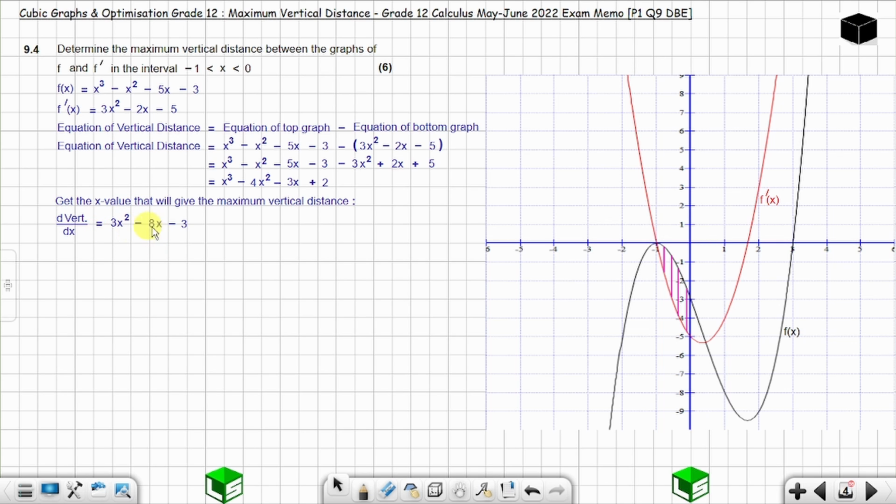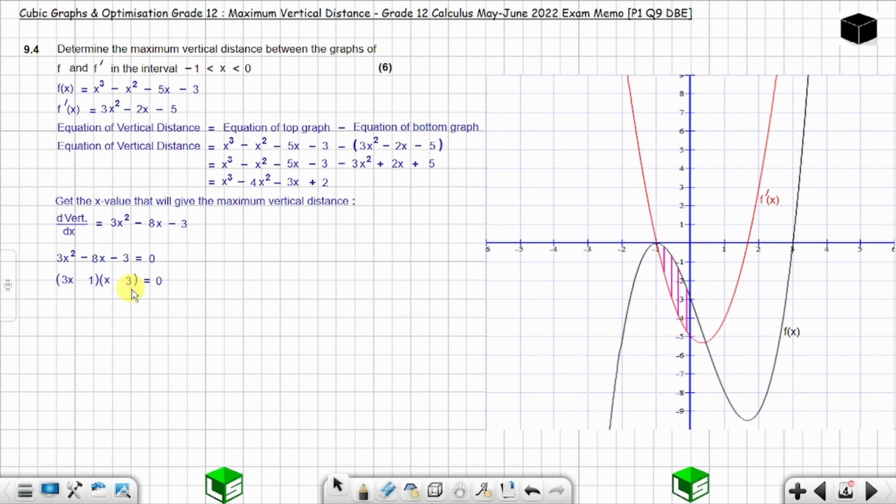So let's get the x value. You equate this to 0 and solve for x. You are going to factorize this. You have 3x times x, and this is negative 3. You can put 1 there and 3 there. You need to have 3x times 3, which is 9x.